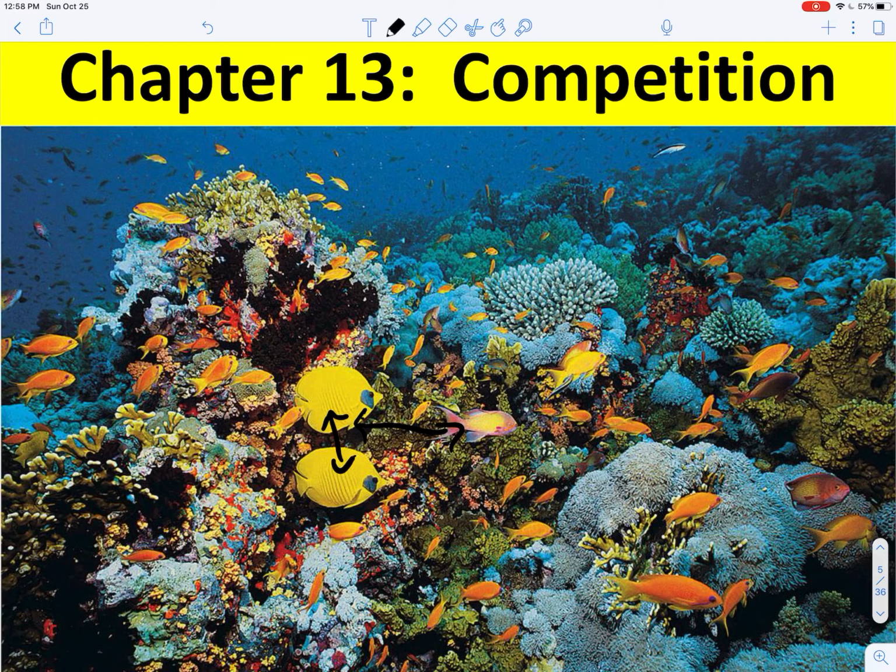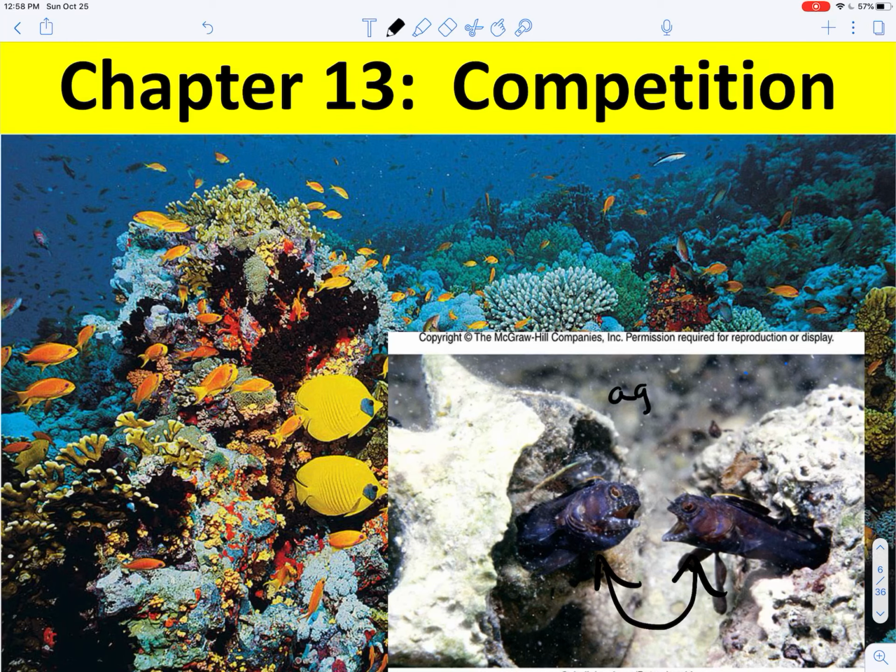If we zoom in on this coral reef, we may think about these two species here, which we call three-spot damselfish, and they are aggressively competing for territory. We call these agonistic interactions or aggressive interactions. And as you can imagine, they're competing for limited space in their environment.